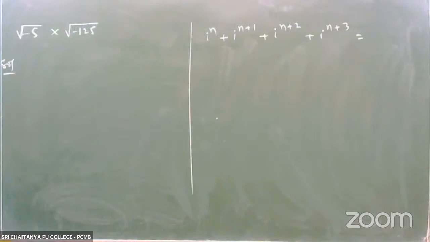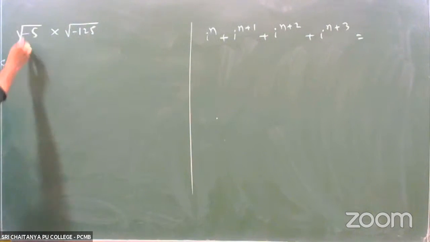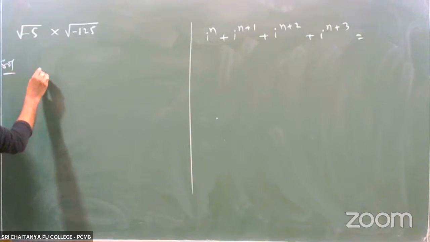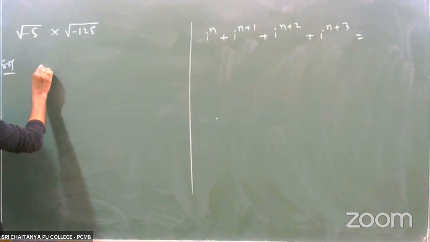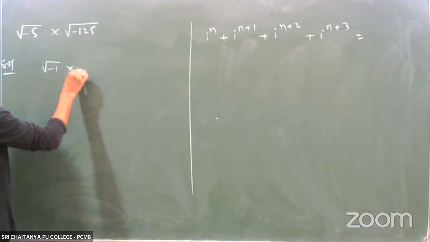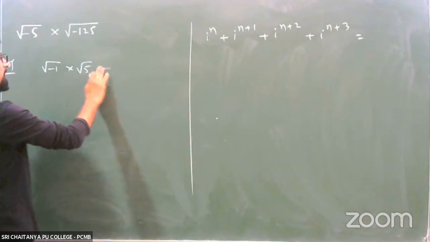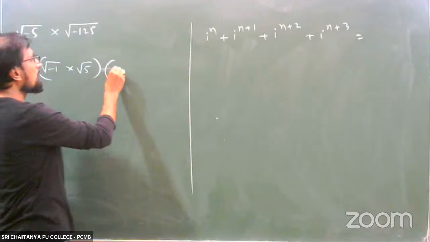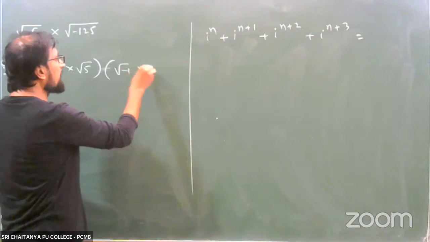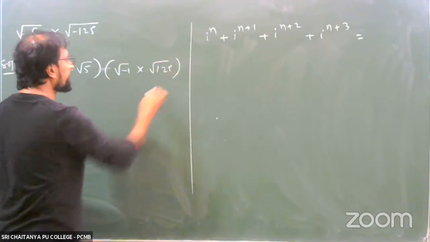Now, first of all, let me discuss these problems, right? Root of minus 5 is equal to root of minus 1 into root 5, into root of minus 1 into root 125.